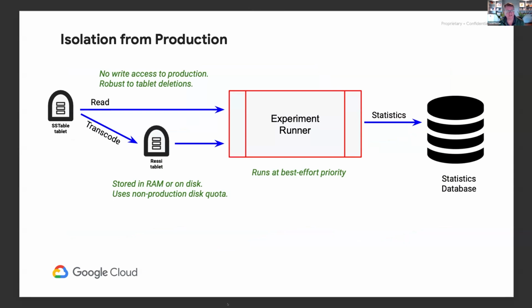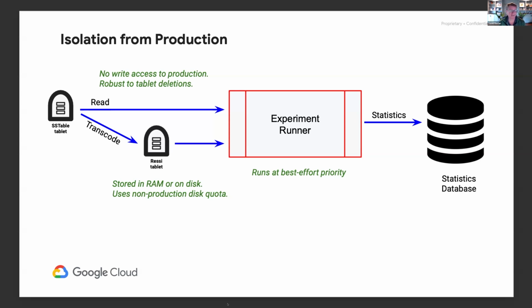And then, to satisfy all of these requirements, we have to be fully isolated from production. So we made sure that there's no way for the system to write into production, and that it continues to work if a tablet gets deleted out from under it.